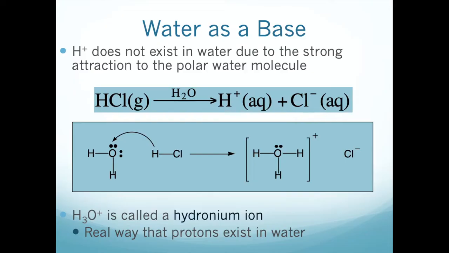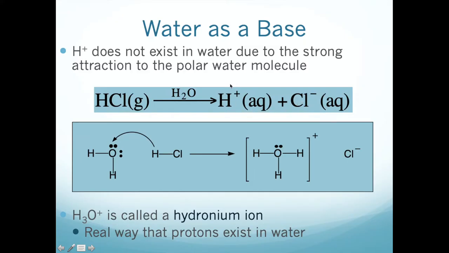So even though I'll refer to protons or hydrogen ions, I'll even just write it out as H+, as you can see in this top reaction over here, that's really the lazy way to write it. The real way is like this. So when we see hydrogen chloride gas, those hydrogen chloride molecules dissolving in water and splitting up into hydrogen ions and chloride ions.